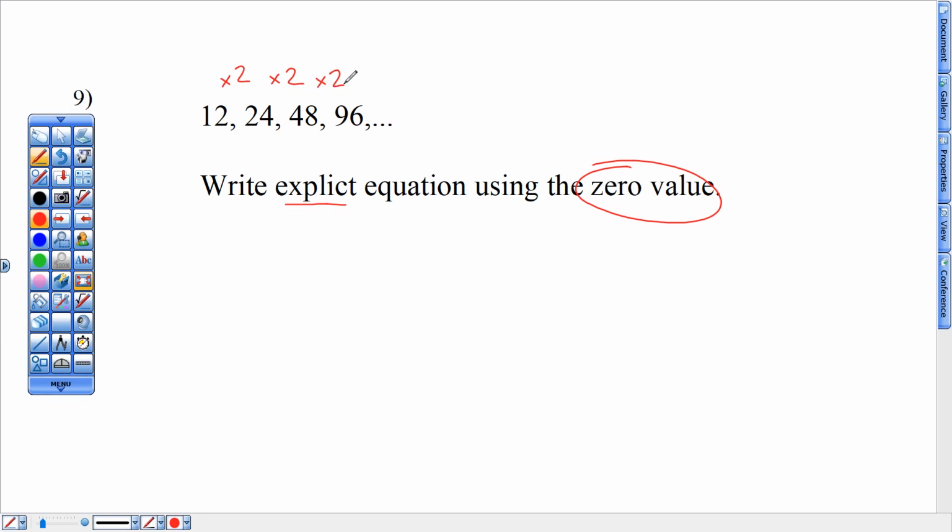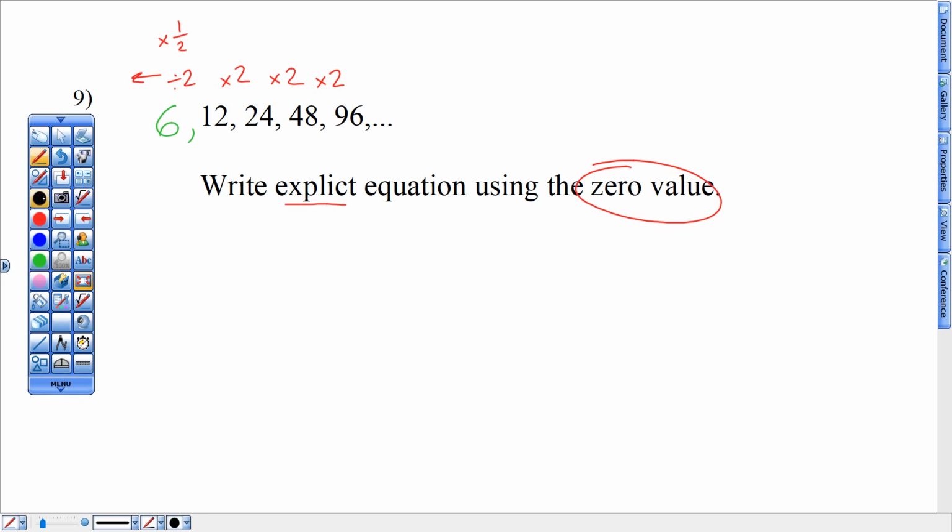That's going to be my ratio number in parentheses. If I go backwards, I'm dividing by 2 or timesing by 1/2. That's the exact same thing. And what am I dividing by 2 or timesing by 1/2? This 12 right here. So 12 divided by 2 or 12 times 1/2 is 6.